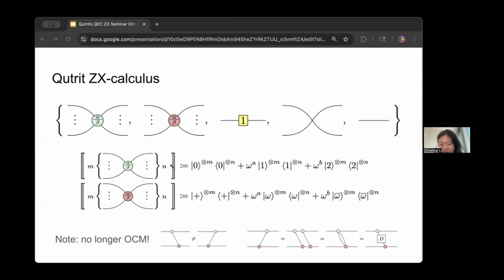On the bottom here, the left side is a CX gate, green first and then red. That's not the same as a CX dagger, where we flip the direction, or we need to add a dualizer when we flip the direction. Also, applying a CX gate twice gets us the dagger.